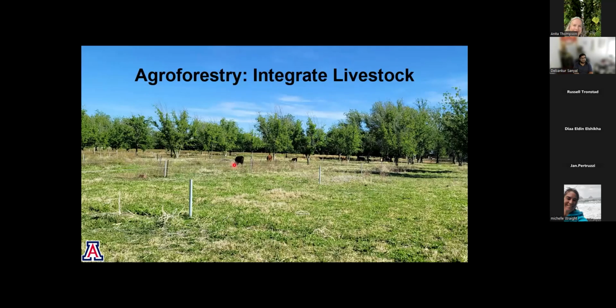Another thing is, if you want to grow perennial trees, I think this is pecans, you can grow cover crops in the middle and integrate livestock and have an agroforestry system, which is a very regenerative system nowadays.